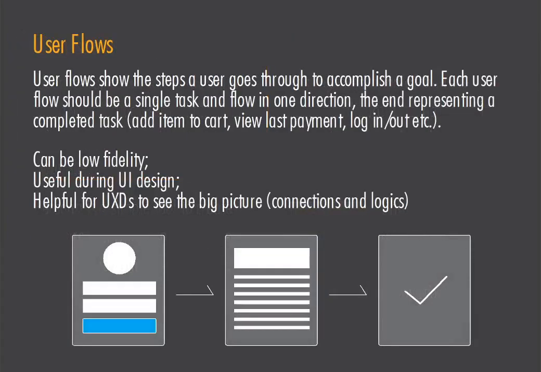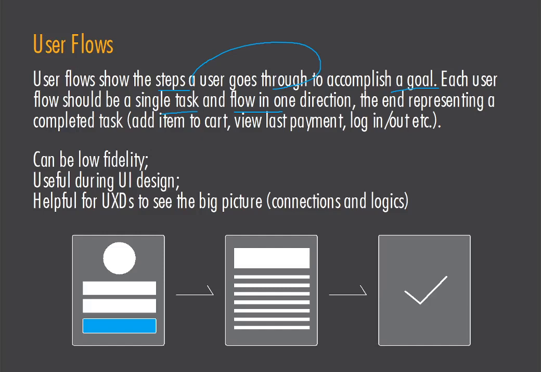Okay. User flows show the steps a user goes through to accomplish a goal, like sending an email or trying to find a photo. Each user flow should be a single task, like sending an email or finding a photo they want, and a flow in one direction.